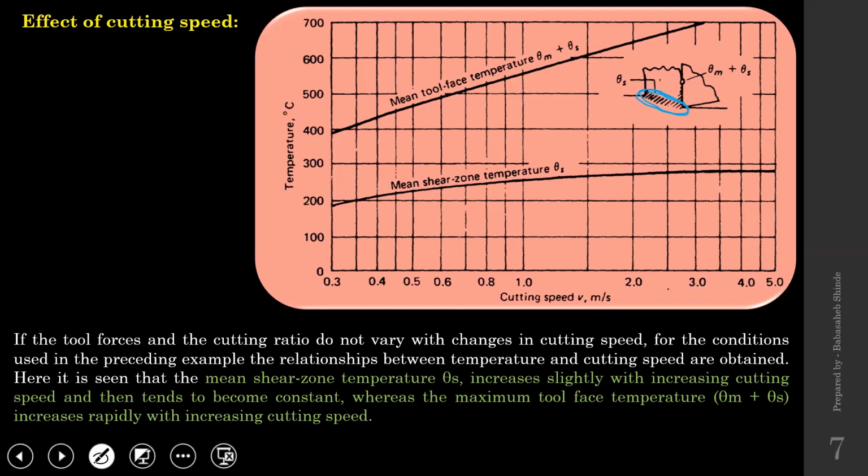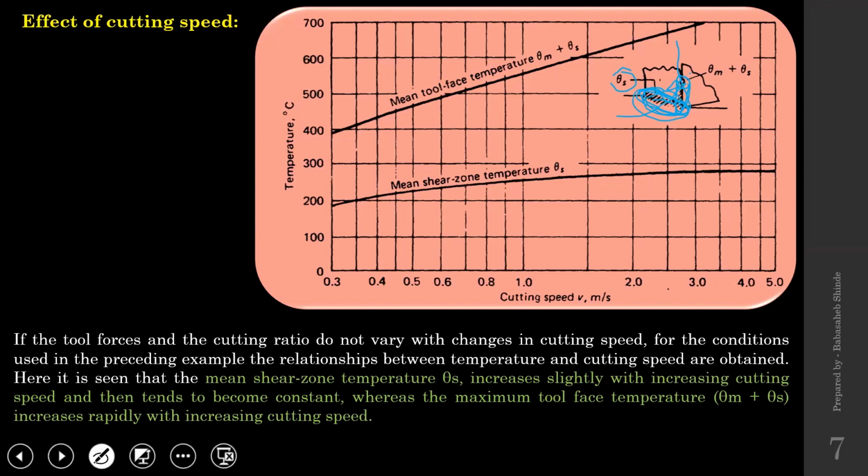So that shear zone will accept the heat phi s, and second one somewhere here along the rake face, and that is going to be the addition of heat generated over here as well as heat generated on that secondary zone itself, because when material reaches the secondary zone, it has already passed through the primary zone also.